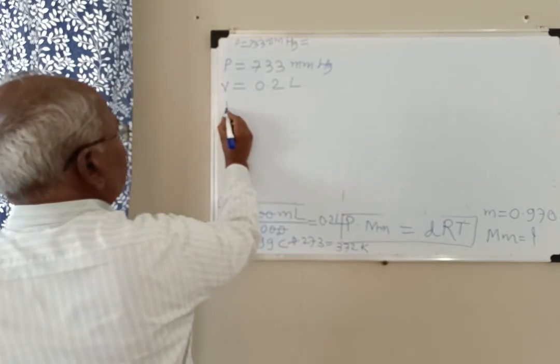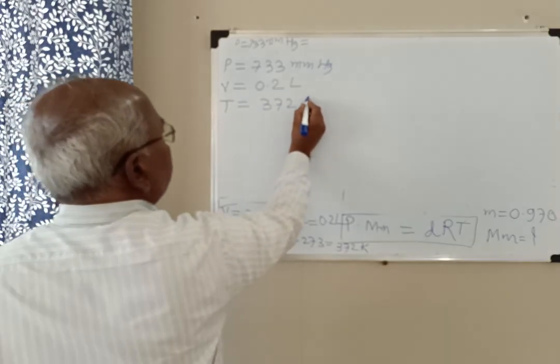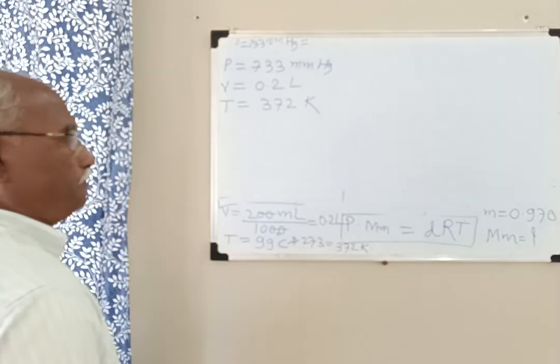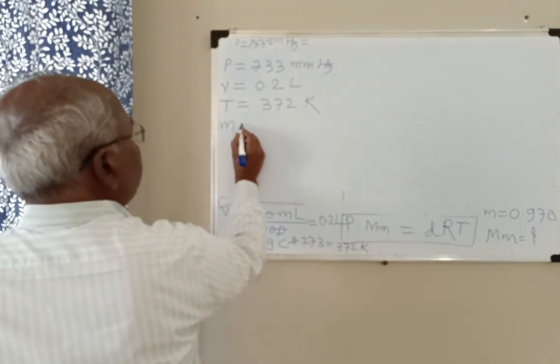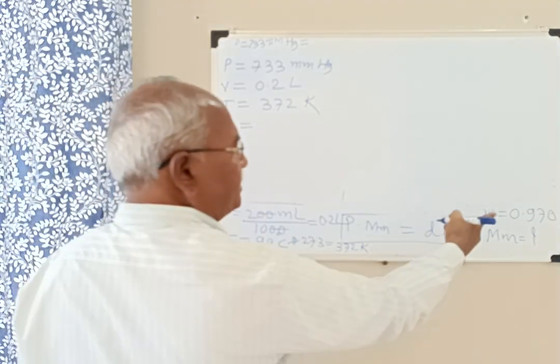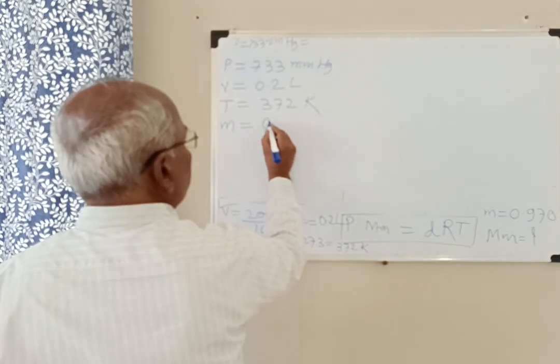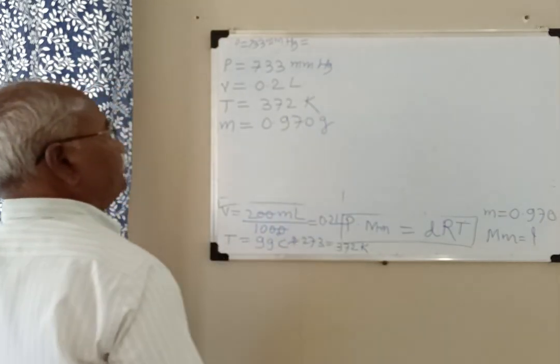Temperature 372 Kelvin. Mass of the substance obtained from the experiment is equal to 0.970 gram.